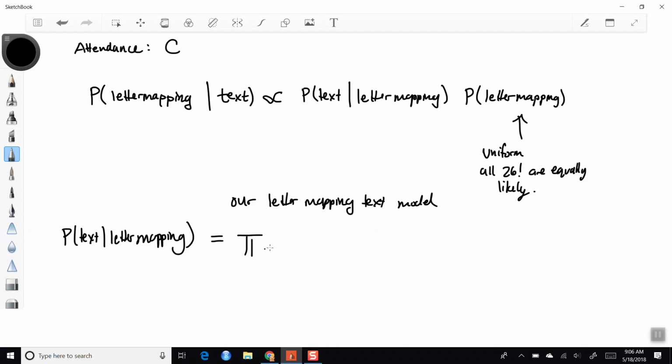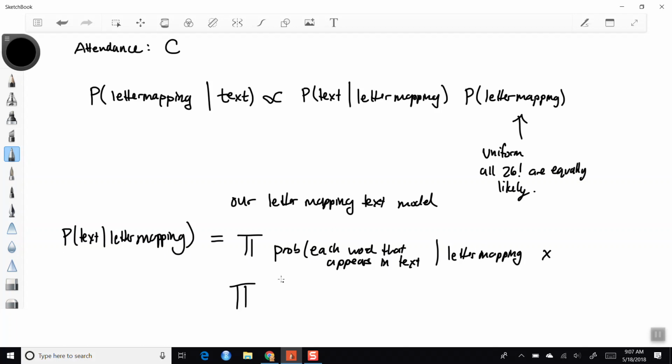So it's going to be the product of the probability of each word that appears in the text given a particular letter mapping times the product of the probability of each two-letter combination in the text given our letter mapping, okay?